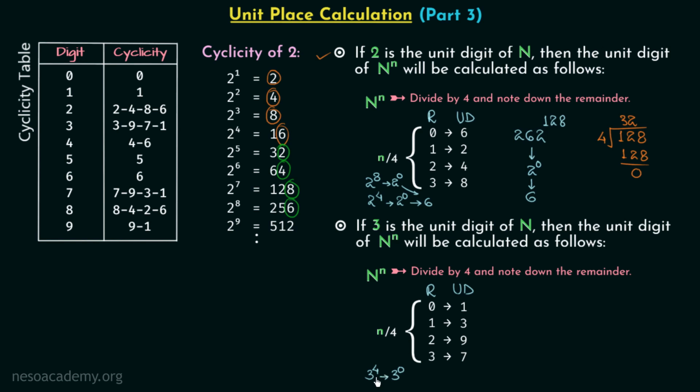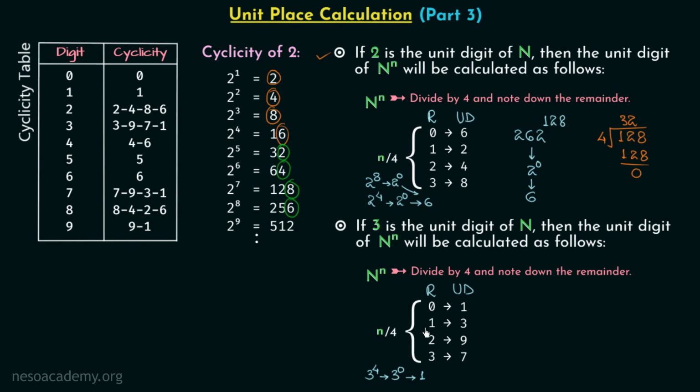And 3 power 4 is equal to 81. 81 has 1 at its unit place.